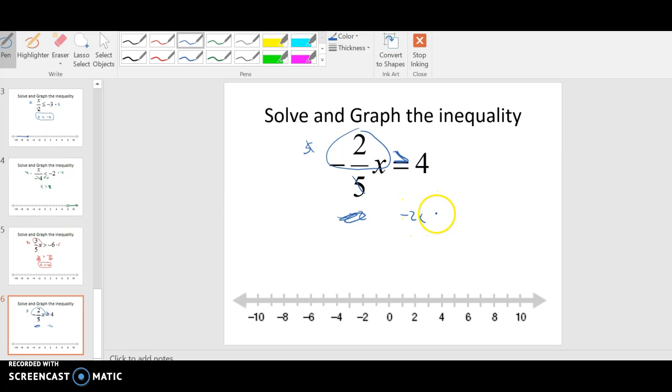Negative 2x is greater than or equal to, multiply this side by 5, and you would get 20. But now when I divide by negative 2, I'm going to get x and then negative 10. Because I divided by a negative, I'm going to have to flip this inequality sign. So it has to become less than or equal to. So now, close dot on negative 10, shade to the left.